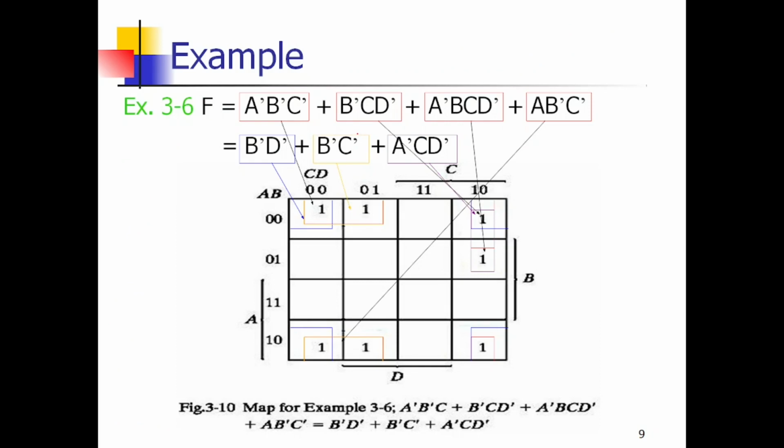So this is an example for a 4 variable K-map.